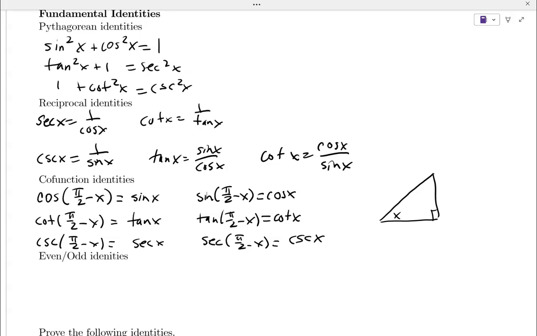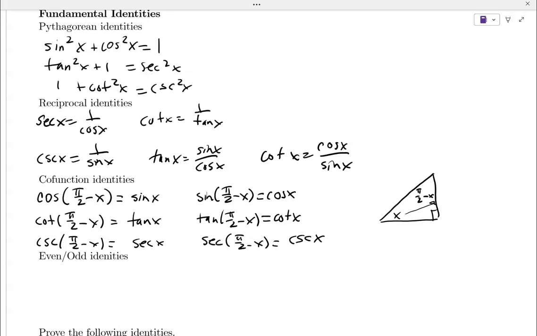It's 90 minus x, or the pi over 2 minus x up here. Notice that the opposite side for x is what for the complement? The opposite for x is the adjacent for the complement and vice versa, right? We agree? That's why those are identities, correct?